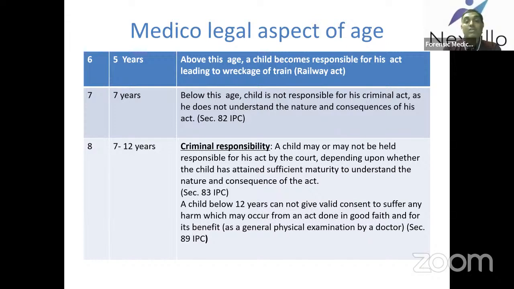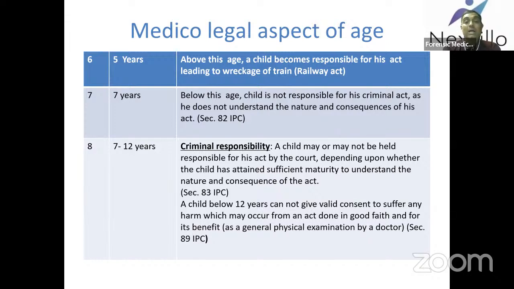Suppose the child is not responsible for his criminal act, and suppose his age is 7 years or below, he cannot understand the doing of any criminal crime. 7 to 12 years, criminal responsibility: a child may or may not be held responsible for his act by the court of law, depending upon whether the child has attained sufficient maturity to understand the nature and consequences of the act. That is Section 83 of the Indian Penal Code, which describes the criminal responsibility of a child.